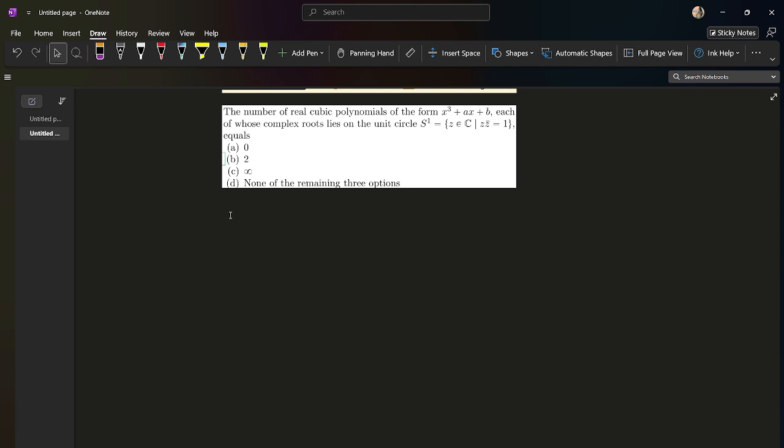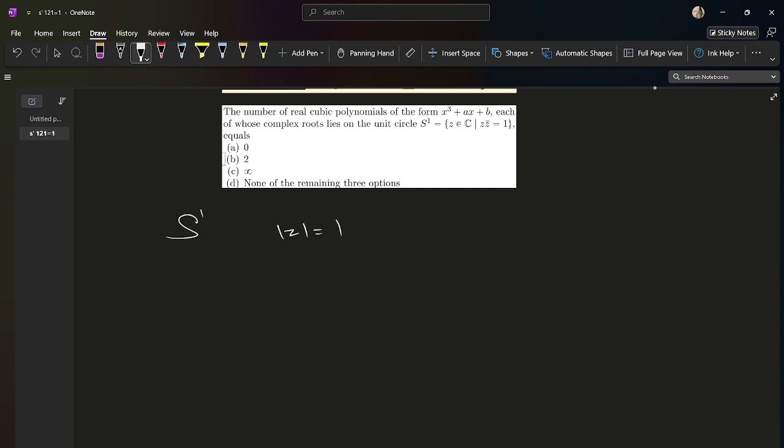So what can be done? The key property of the roots: if all the roots of the polynomial lie on the unit circle S1, then the roots must satisfy mod of z equal to 1.